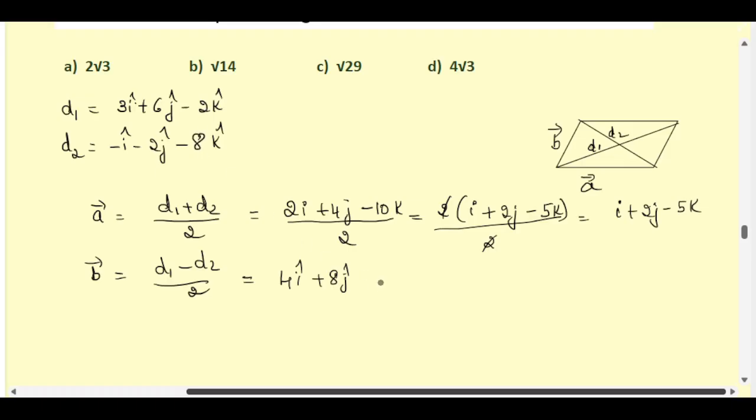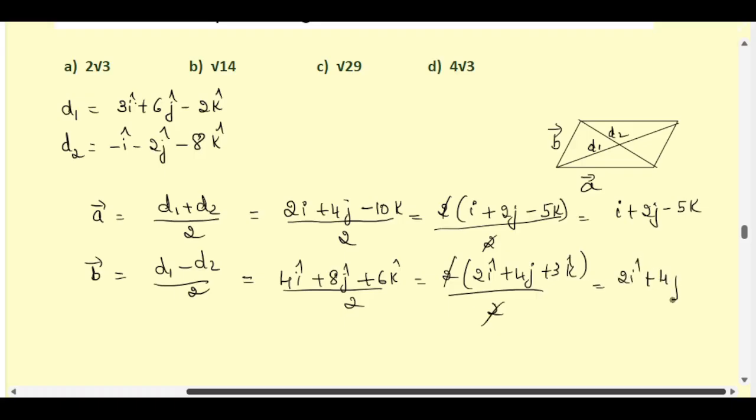Minus 2 plus 8, it is plus 6k vector divided by 2. Again let us take 2 outside. So 2i vector plus 4j vector plus 3k vector divided by 2. So 2 will cancel. So B vector equal to 2i vector plus 4j vector plus 3k vector.